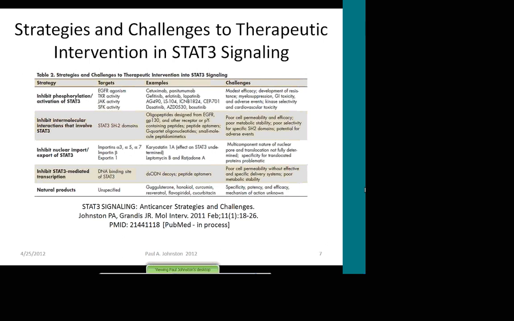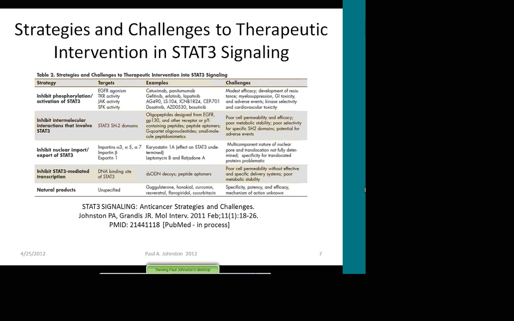Double-stranded DNA decoys are an effective strategy for inhibiting activated STAT3 binding to DNA. And in fact, Jenny's group have developed a double-stranded DNA decoy, and they've done some clinical trials.